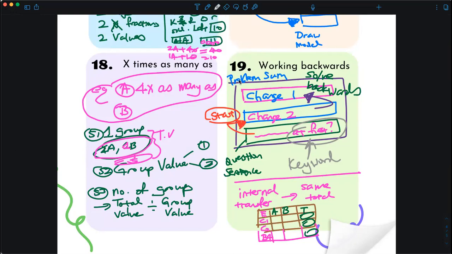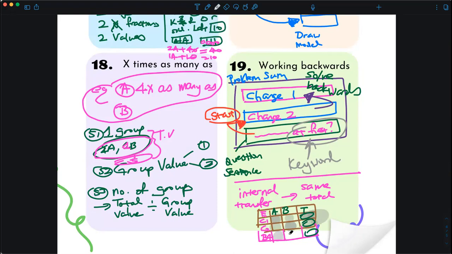But knowing the total, sometimes you can just take, if you know A, to find B, instead of reversing the change, you can just take total minus A. Then later when you know B, take total, which is supposed to be the same as here, minus B to find A.